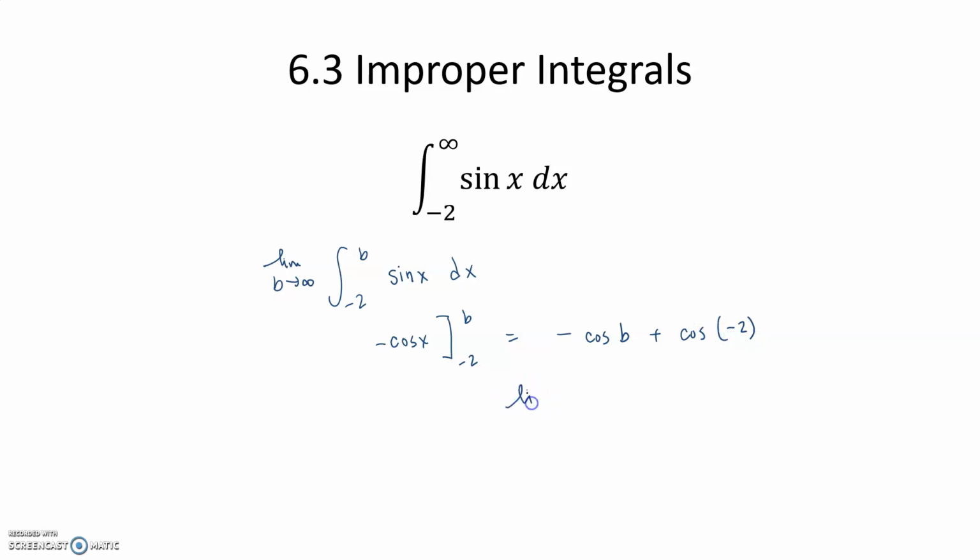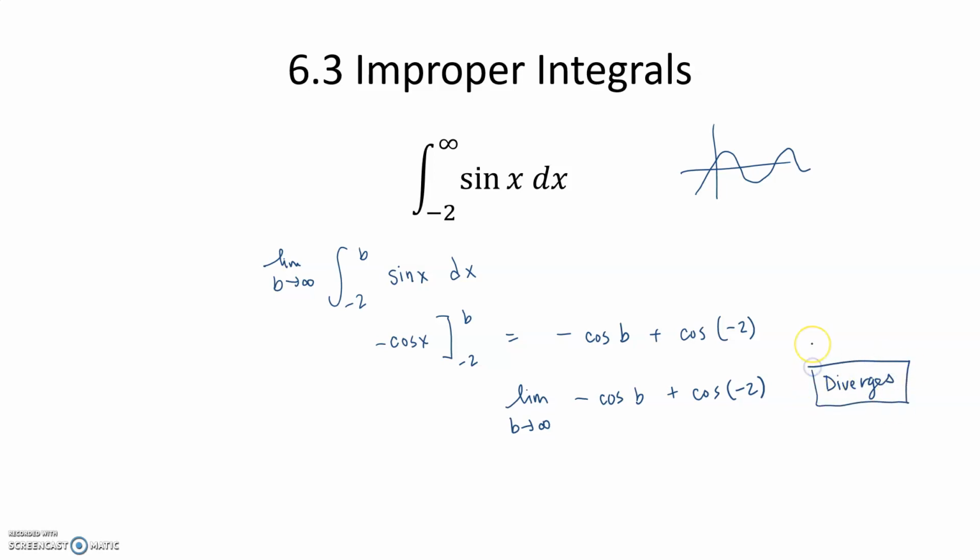And if I do a limit as b goes to infinity of negative cosine of b, it doesn't really go to infinity, but cosine is doing that, the wobble thing. It looks more like sine the way I graphed it, but you know what I mean. And it's not approaching any number as b goes to infinity. So this integral diverges because cosine doesn't have an end behavior that we can use to evaluate that improper integral.